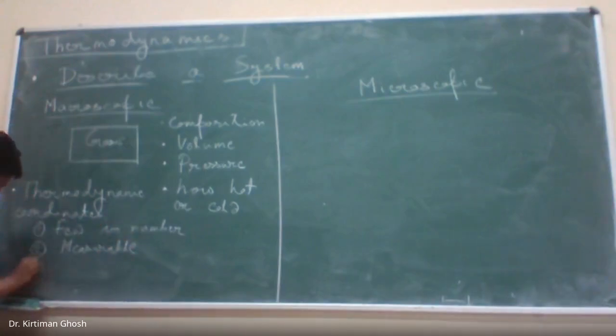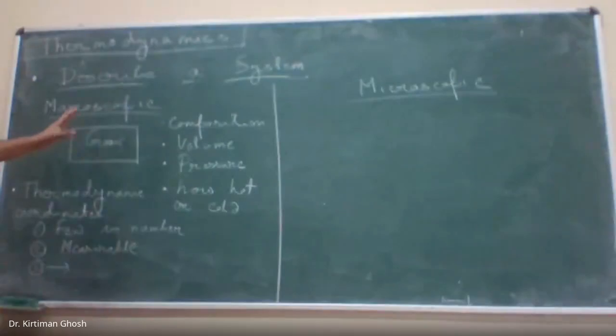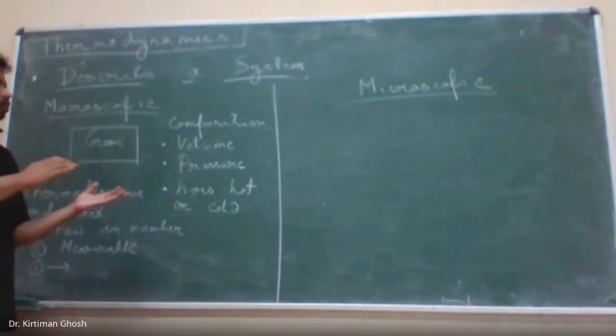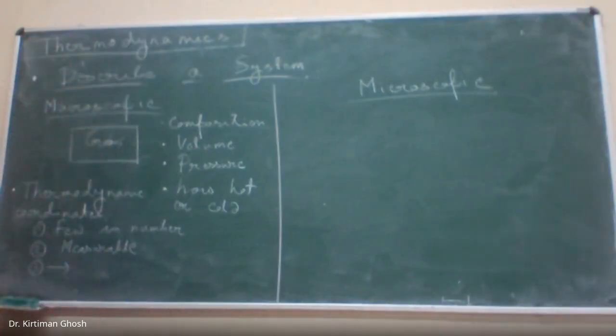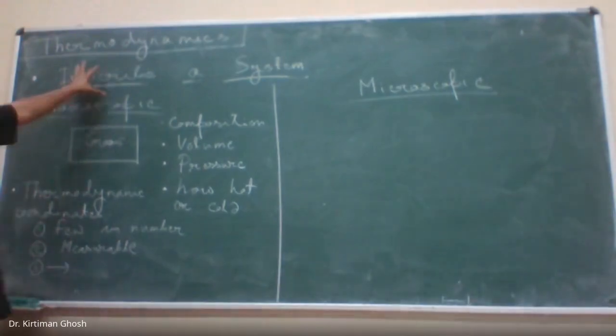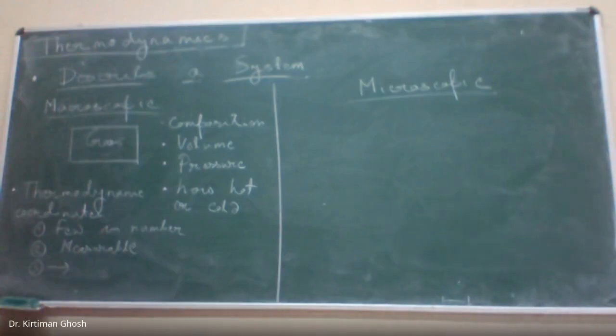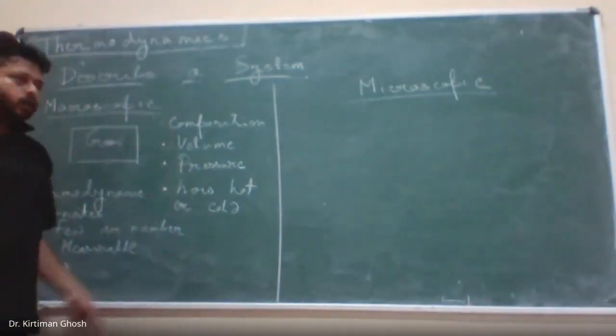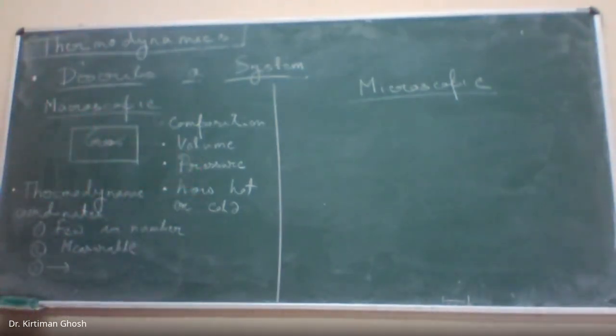And number three, they directly come from our intuition. The number of parameters will be few, they will be easily measurable, and we can intuitively find out what the important parameters are that could govern the thermodynamic properties of the system. So this is one kind of description, the macroscopic description. In this course we will be focusing on this macroscopic or thermodynamic description of the system, and the parameters and variables which describe a system at the macroscopic level, we will call thermodynamic coordinates.